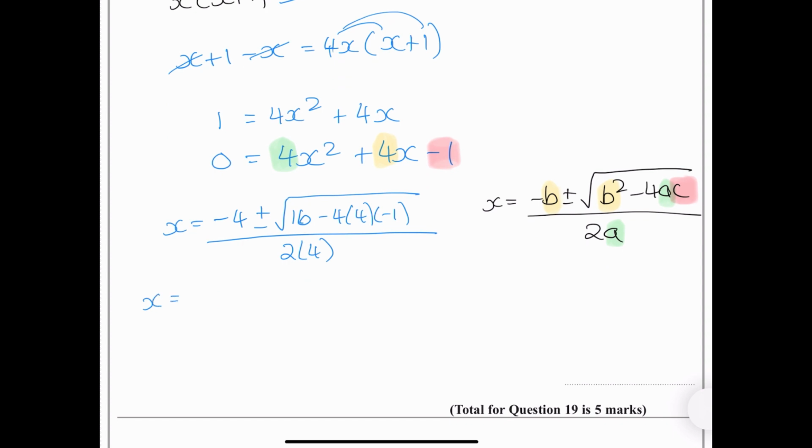We've got x equals minus 4, plus or minus the square root of 16. 4 times 4 is 16, times minus 1 is minus 16, but I've got that double minus there, so I'm going to end up adding it. That is over 8. Okay, that gives me minus 4 plus or minus the square root of 32 over 8.